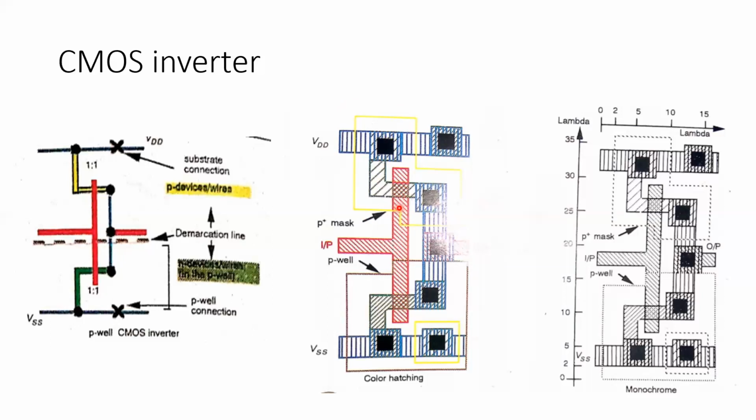So this is the color hatching representation of the CMOS inverter circuit, and on the right hand side you can see along with the dimension we have a monochrome format of the layout construction of CMOS inverter.